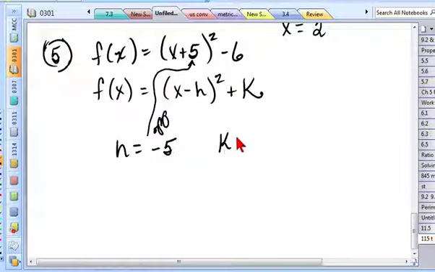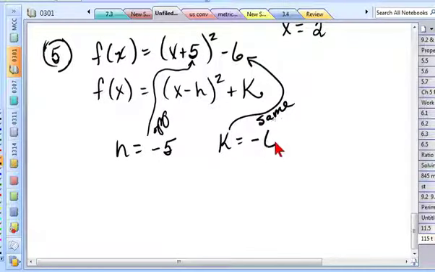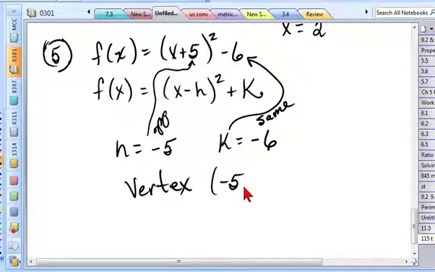The k is the same as this number, so it is negative 6. I always change the sign on what I have for h, but I keep that as k. So the vertex is the point negative 5, negative 6.